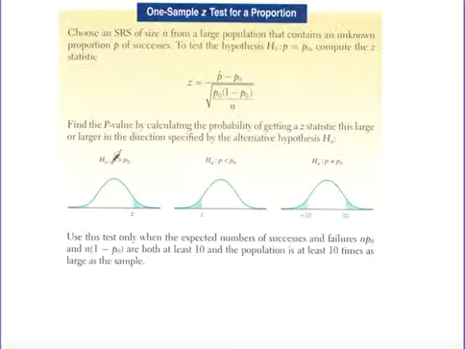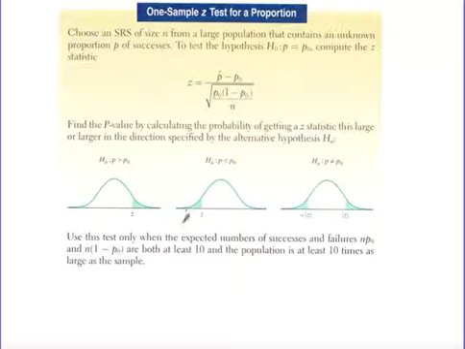That is when your population proportion is greater than p0, when your population proportion is less than p0, and when the alternative hypothesis is that your proportion does not equal p0.